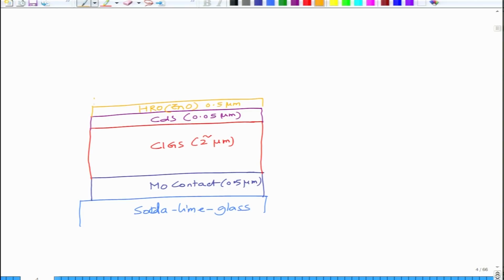It could also be a junction of zinc oxide and n-plus zinc oxide. So, let me say ZnO, which is high resistance, then n-plus ZnO junction, and then on top we have contacts.